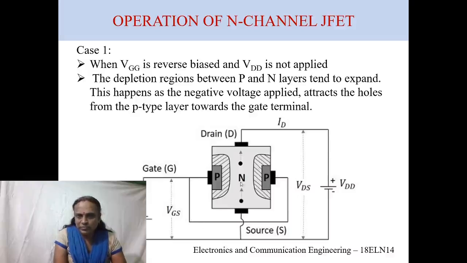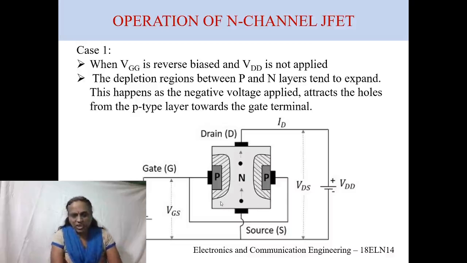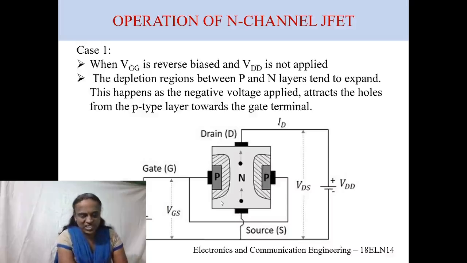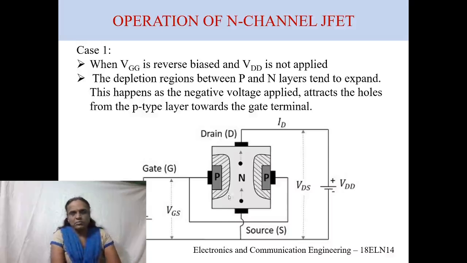The P type around the gate terminals attracts the holes. This happens as the negative voltage is applied, attracting the holes from the P type layer towards the gate terminal, because VGG is reverse biased.